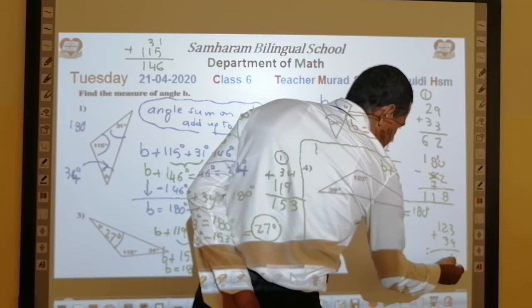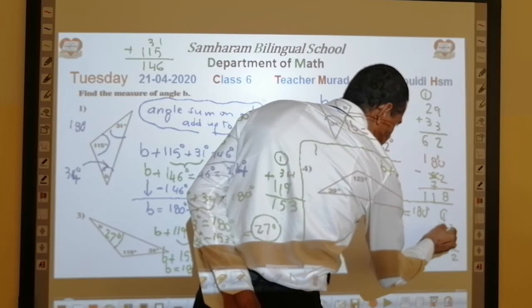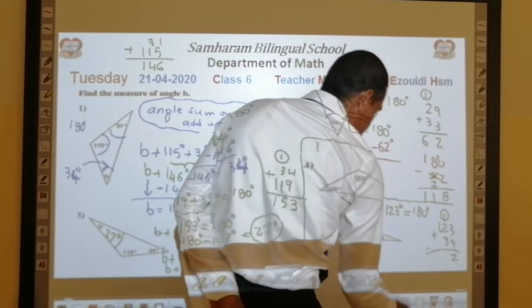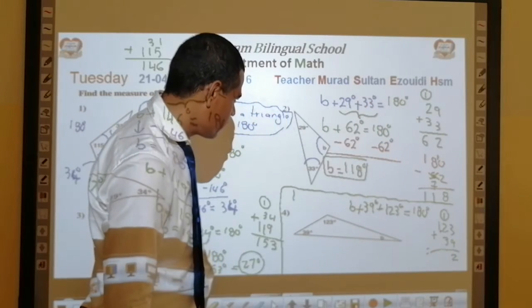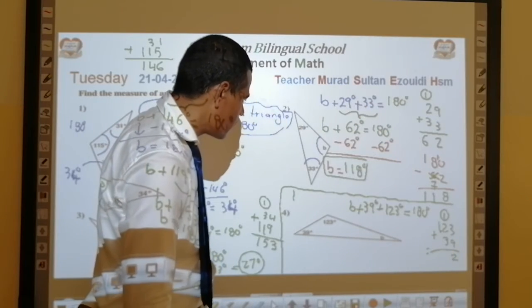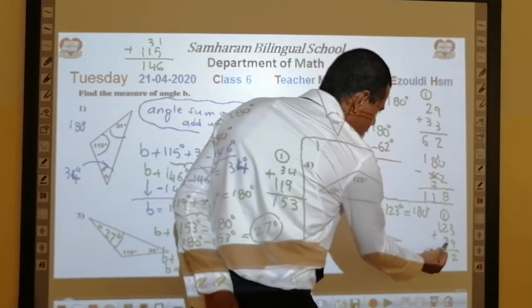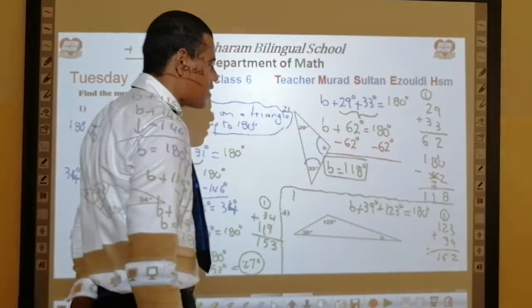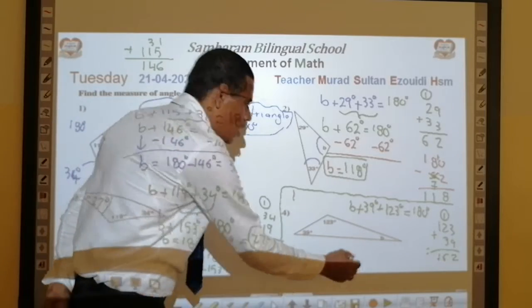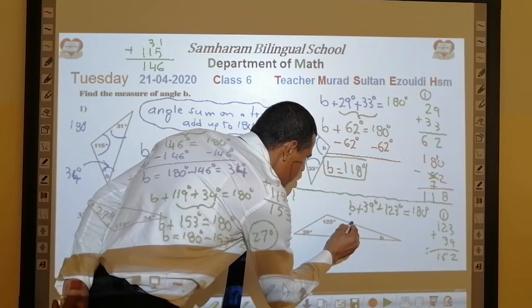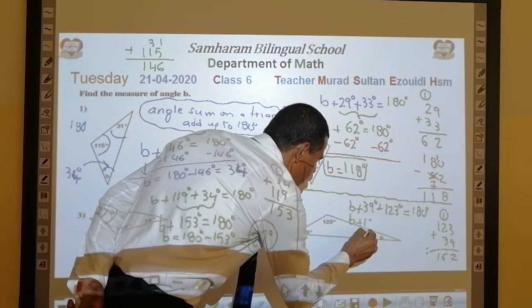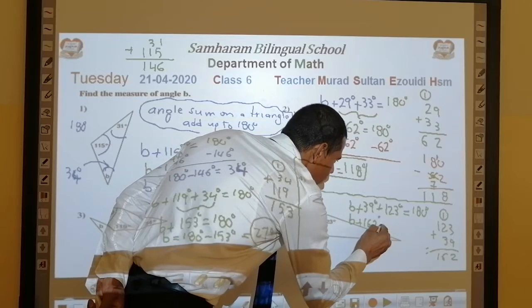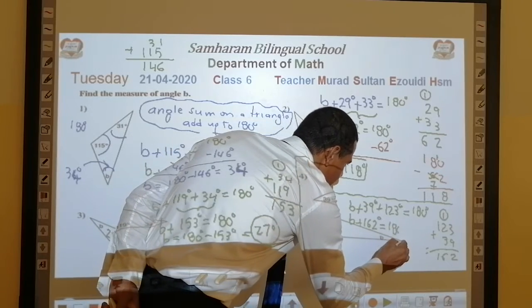So 9 plus 3 is 12. 3 plus 2 is 5. Plus 1 is 6. So it will be 162. So I will just write B plus 162 equal 180 degrees.